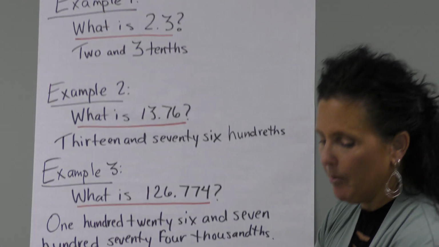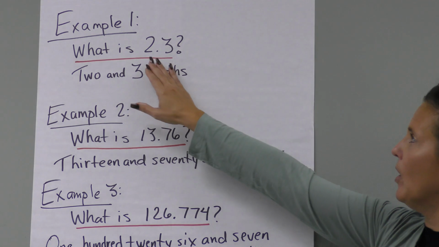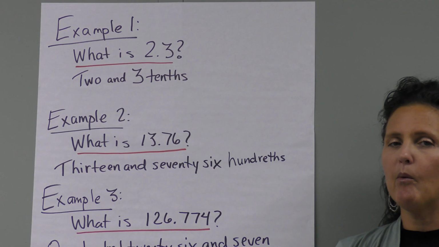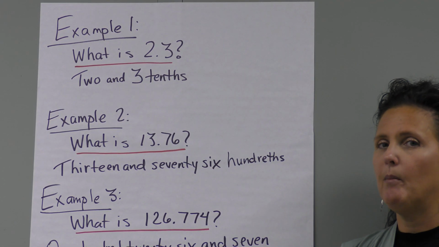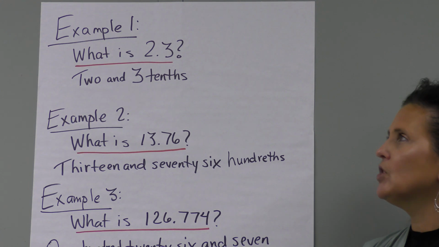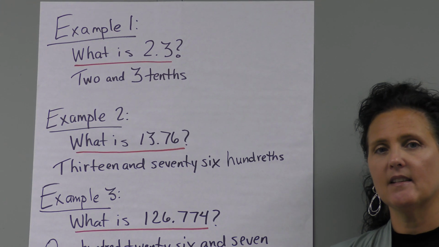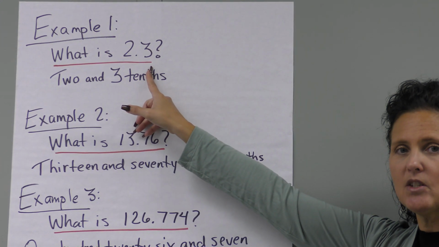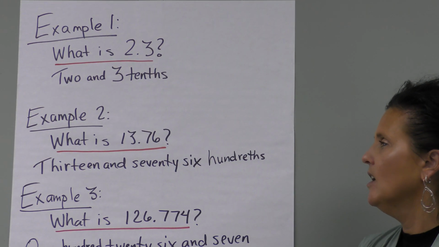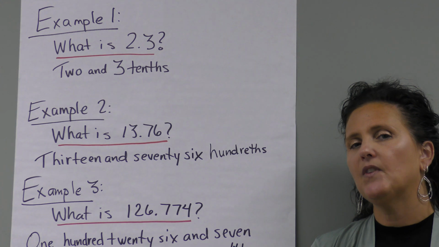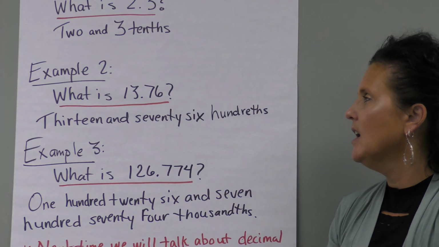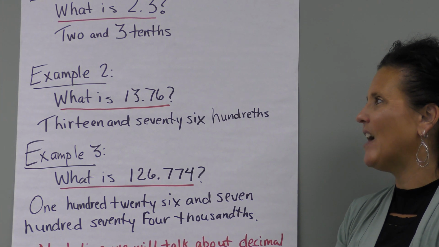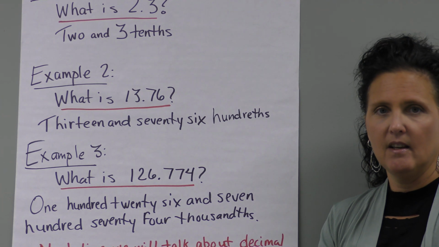So here's our example. If I gave you this number and you were looking at it, how would you read that to me? What would you tell me it is? That number is 2 and 3 tenths. We have 2 as our whole number and 3 is in tenths place. 2 and 3 tenths. What about this number? If we were looking at this number, how would we read it? It is 13 and 76 hundredths, right?